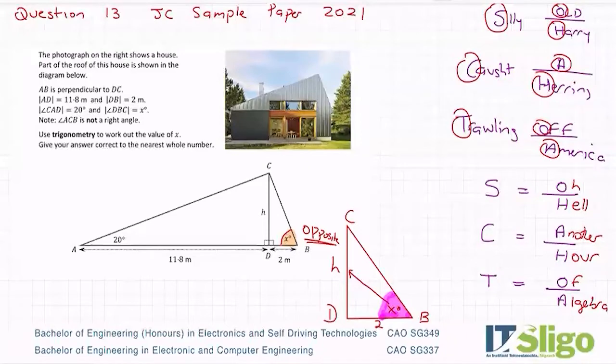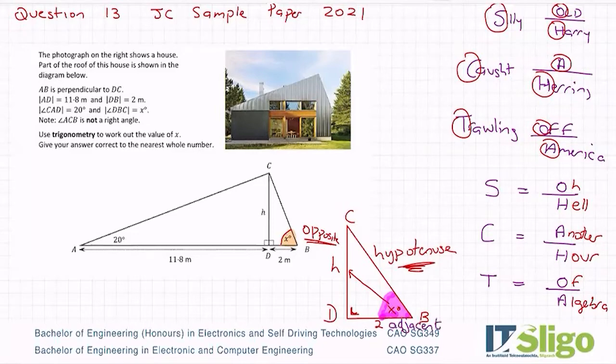Now, there's a special name for the side that's opposite a right angle. It's always called the hypotenuse. Always called that. The side opposite the right angle. And then the side that's beside the angle is what we call your adjacent side.